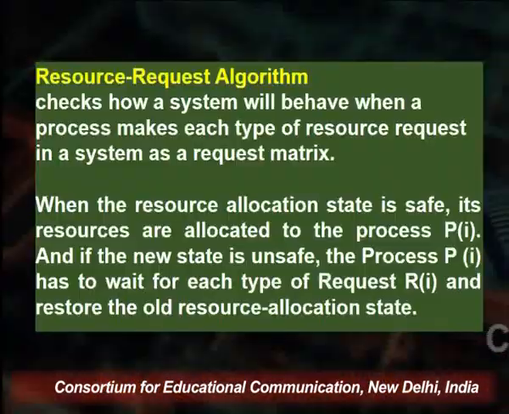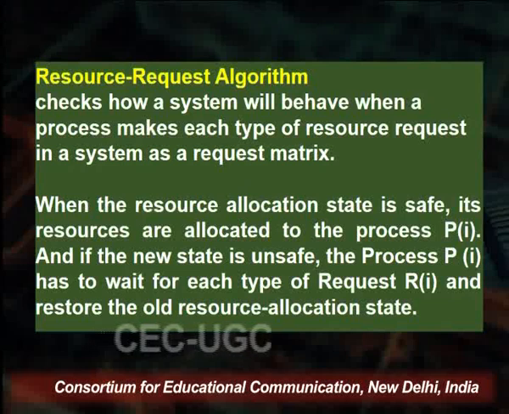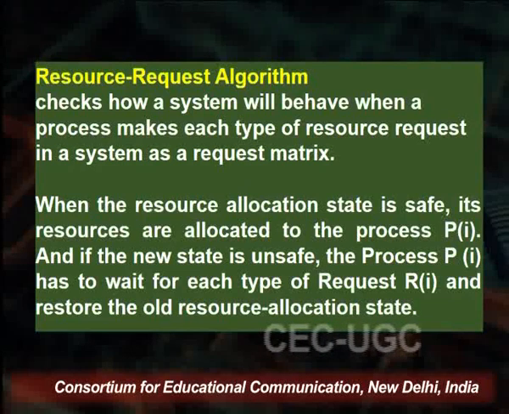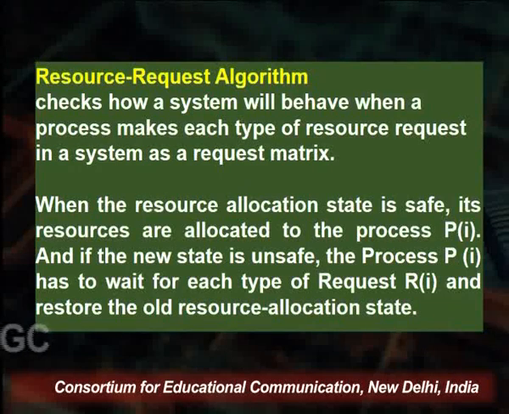One more algorithm which is going to be very instrumental in the banker's algorithm is the resource request algorithm. This algorithm checks the behavior of the system when a process makes each type of resource request, and it considers a request matrix.